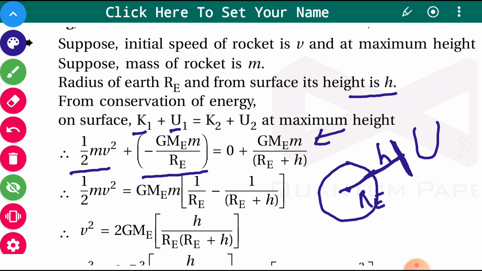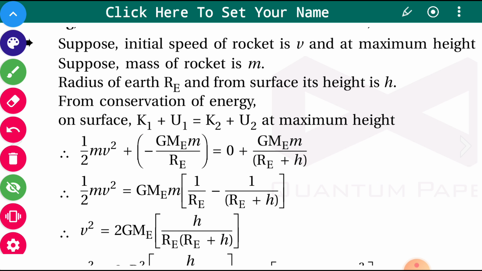The final potential energy will be, with a negative sign in the bracket, minus G M_E m upon Re plus h. Okay, so it goes like this. At the final point from where it comes back, the potential energy will be minus G M_E m upon Re plus h.